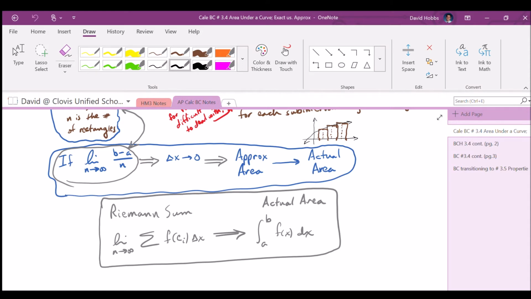But basically what it boils down to is we take the limit as the number of rectangles goes to infinity, which means the delta x's are going to 0, and the infinite Riemann sum becomes the actual area under the curve, and using calculus it's written in the form of a definite integral from a to b.